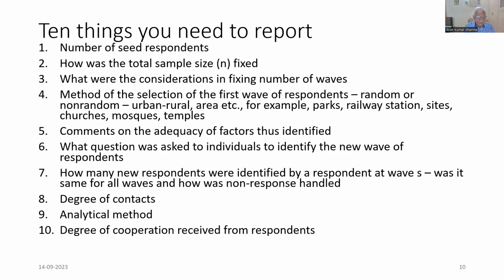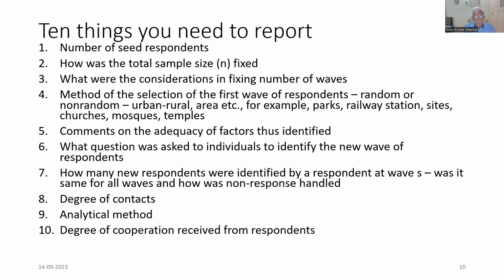Say that this was my total sample size, this was the size of the seed, and this was the number of waves. Fourth, method of selection of the first wave of respondents. Have you selected the first wave of respondents randomly or in a non-random manner? Have you taken care of stratification or heterogeneity or differences?